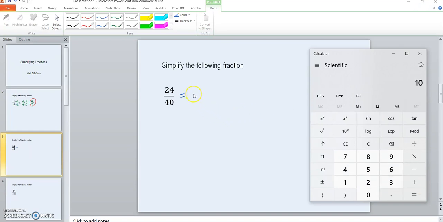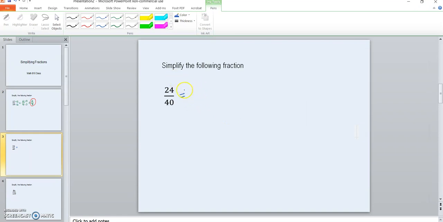Okay, so I know that 4 can go into both of those. That will give me 6 over 10. And now I will just divide by 2 to get 3 over 5. And again, this can't be simplified any further, so that's my final answer.